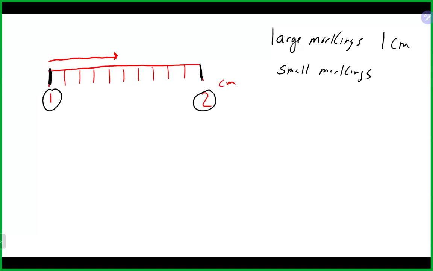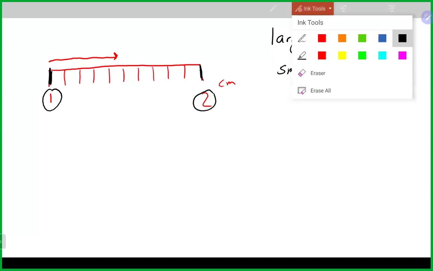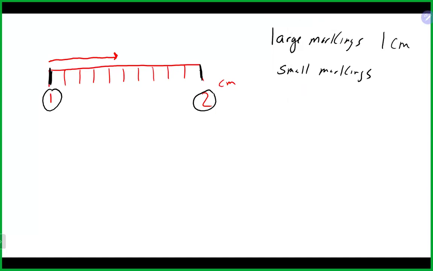Now, the small markings are the markings between the two large markings. It's important when you count the small markings that you count them correctly. Typically, when counting the small markings between the larger markings, we always start after the last large marking. So here we would start counting here.